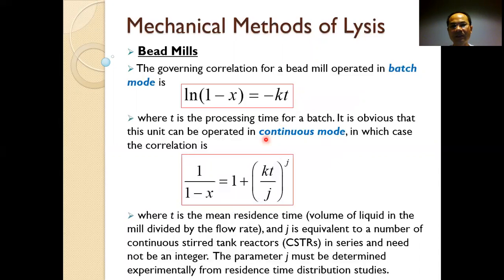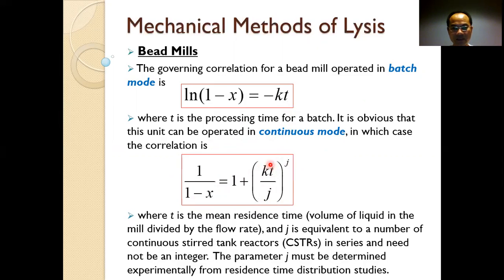If it is operated in continuous mode, the correlation can be described by this equation. This one is for batch mode, and this one is for continuous mode: 1 divided by (1 minus x) equals (1 plus kt divided by j) to the power j.